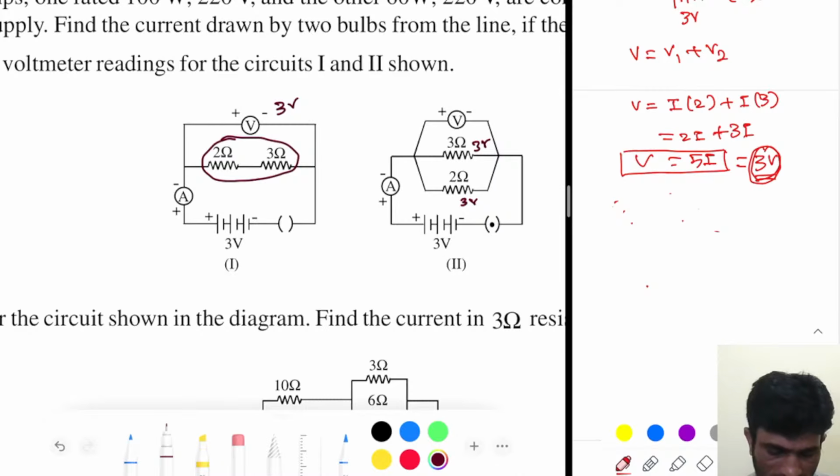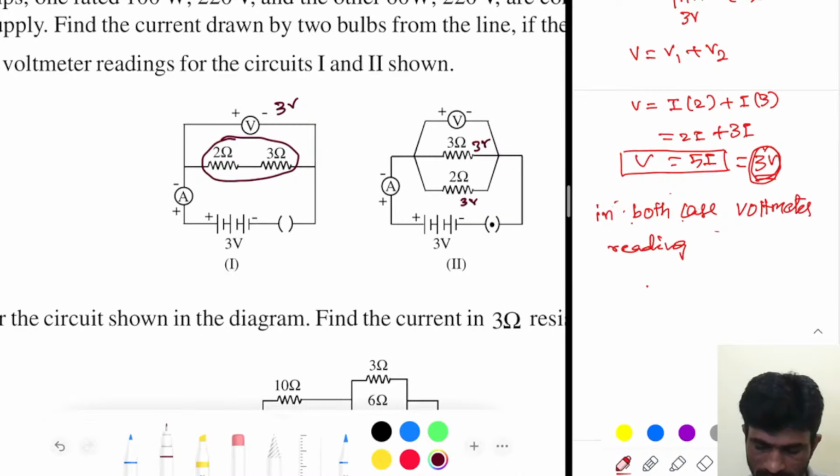V1 plus V2 is again 3 volts only. Here because voltage is not divided, again it will be 3 volts only. So in both the cases, the voltmeter reading is going to be 3 volts as it is.